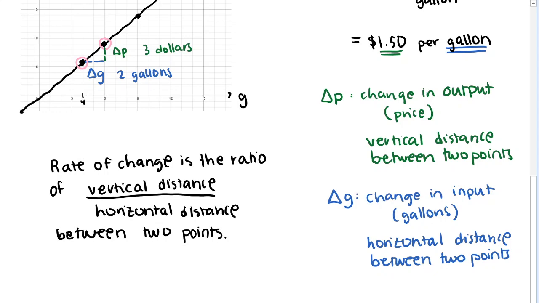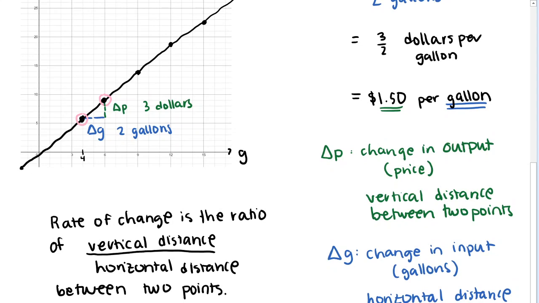And so here, in this picture, we can see that vertical distance is 3, that horizontal distance between those 2 points is 2, and so we get that rate of change of 3/2 dollars per gallon, like we saw from our computation from our data points.